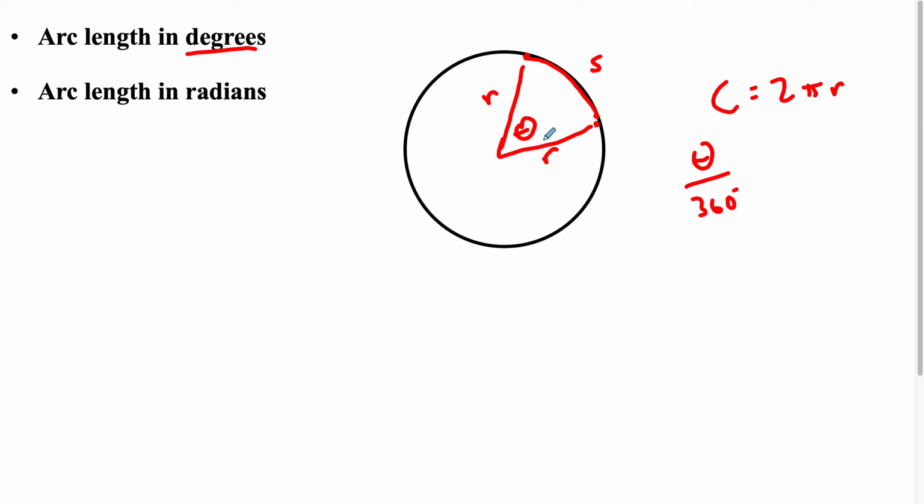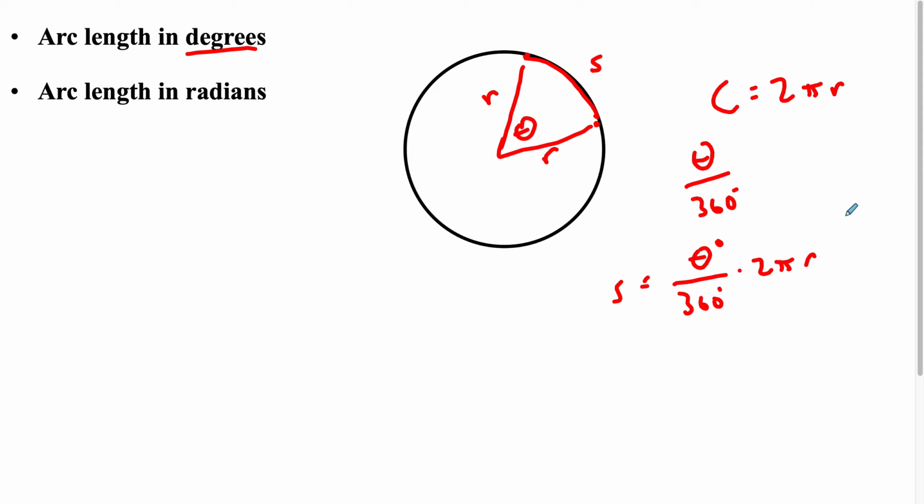So if this central angle is equal to 360 degrees, it would be equal to the circumference. That is 360 over 360. So when we talk about arc length, it's some fraction out of 360 when we're talking degrees, of the circumference.